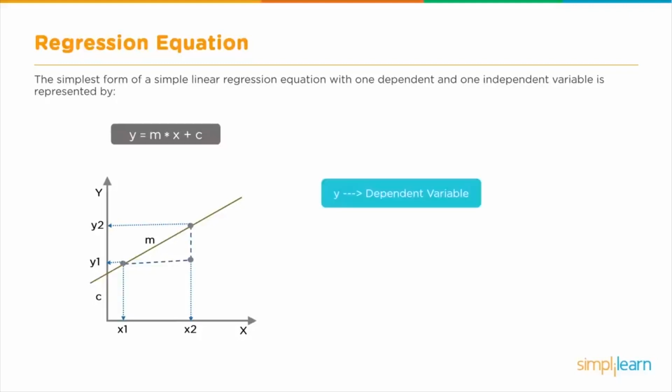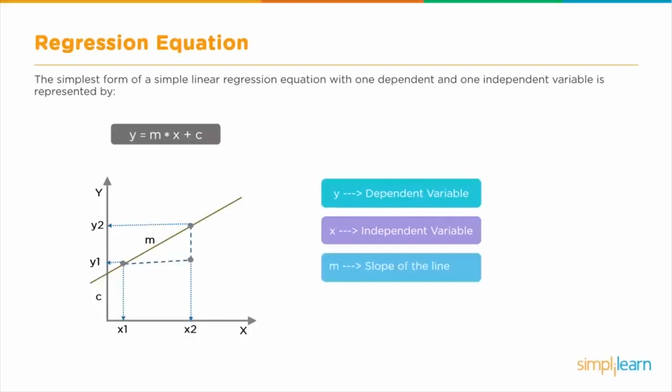Y being the dependent variable, remember that from before, and x being the independent variable. So y depends on whatever x is. M, in this case, is the slope of the line, where m equals y2 minus y1 over x2 minus x1. And finally we have c, which is the coefficient of the line, or where it happens to cross the zero axes.